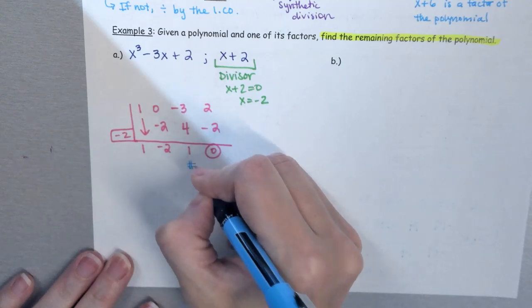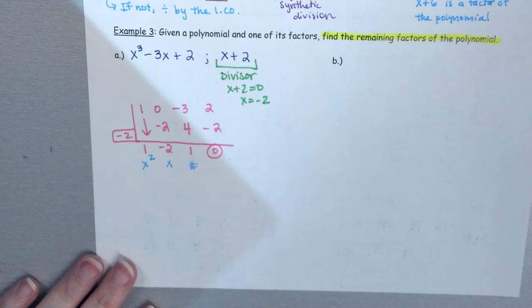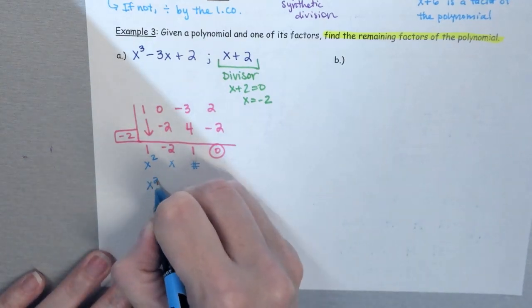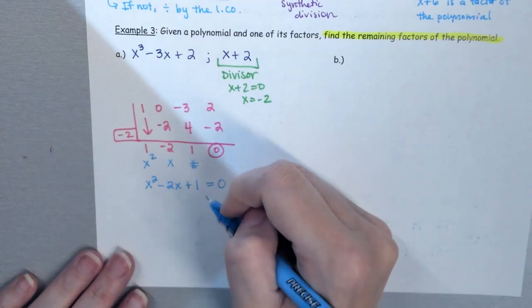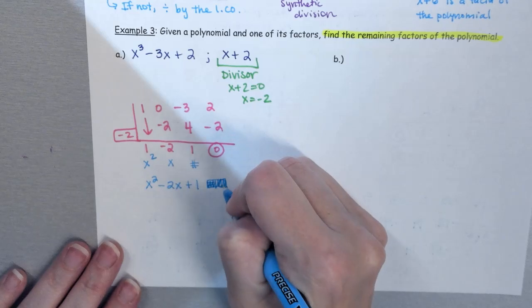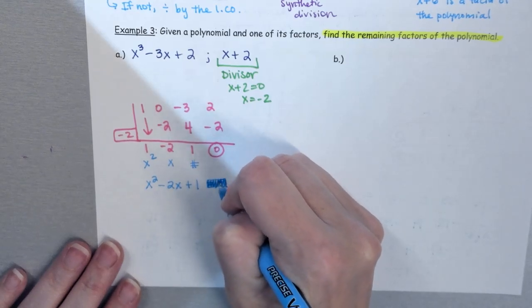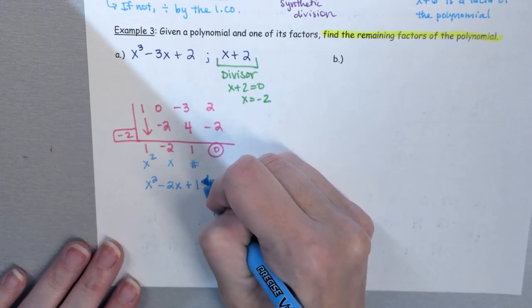So remember, this is the constant term, the x, and the x squared. What you have is a quadratic trinomial that you can factor. Oops, sorry, we are going to set it equal to 0 because you don't have to solve. Okay, so what we're going to do now is factor.